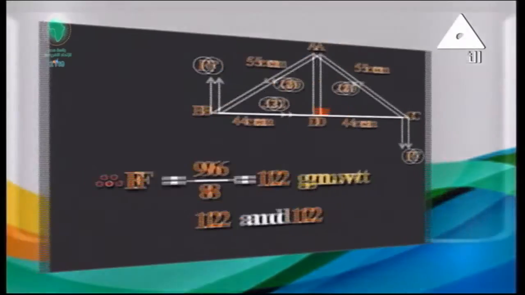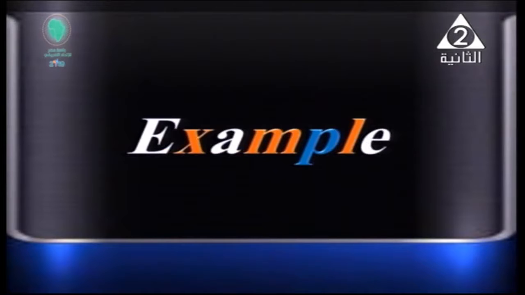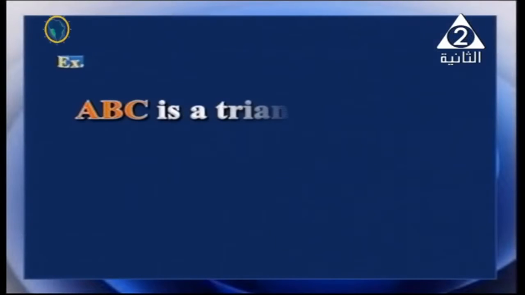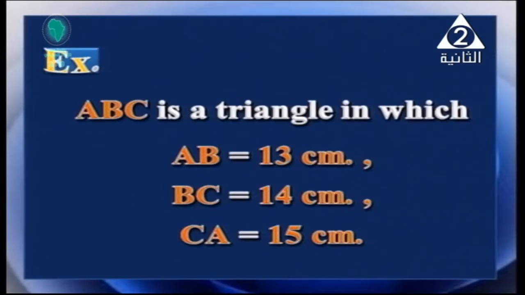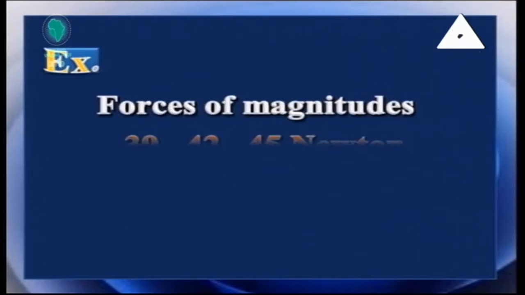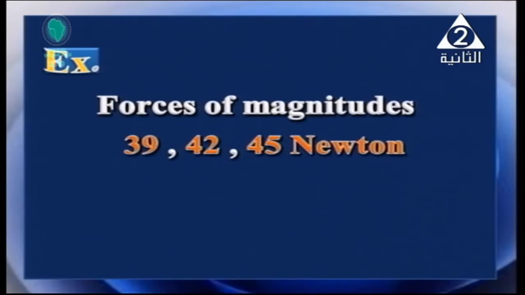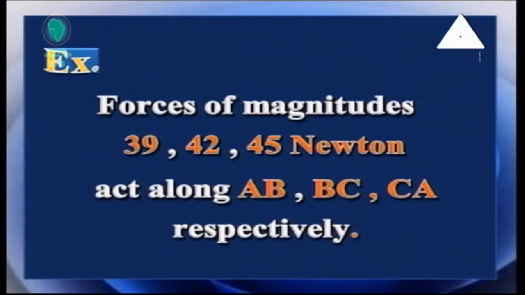Another example. My dear student, ABC is a triangle in which AB equals 13, BC equals 14 centimeters, CA equals 15 centimeters. Forces of magnitudes 39, 42, 45 newtons act along rays AB, BC, CA respectively.